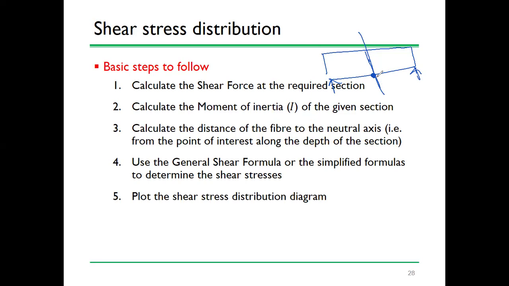All right. Calculate moment of inertia of the section. This one too, we have dealt with it. And then calculate the distance of the fiber to the neutral axis. That is from the point of interest along the depth of the beam. If you remember, this is the Y. And use the general shear formula or the simplified formulas to determine the shear stress. Okay, so we have done for only rectangular and I section.